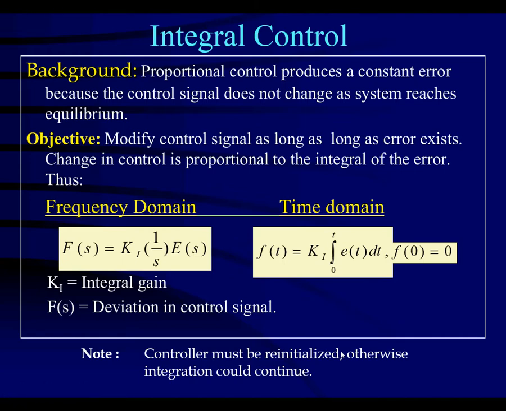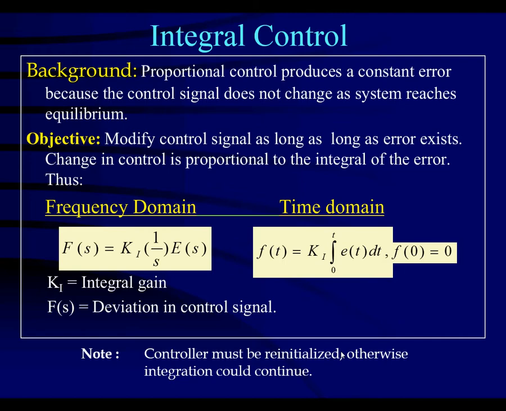What's the background that we have right now? Proportional control produces a constant error because the control signal does not change as the system reaches equilibrium. So the more error, the more control result, there is an error in the end, a steady state error.